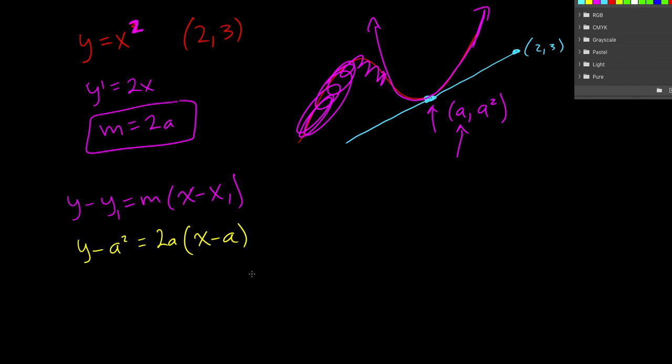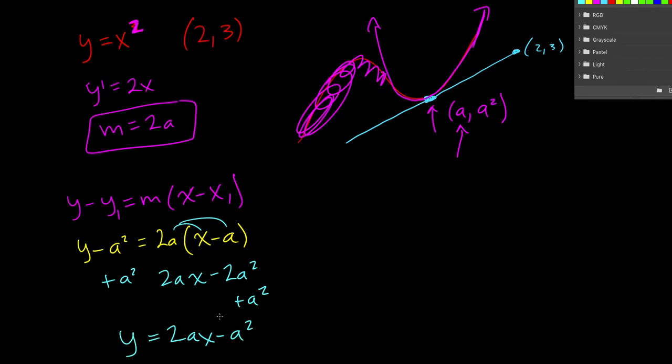All right, and if we put this in slope-intercept form, we can distribute. So 2ax minus 2a squared, add a squared to both sides. So we get 2ax minus a squared. That's our slope-intercept equation.